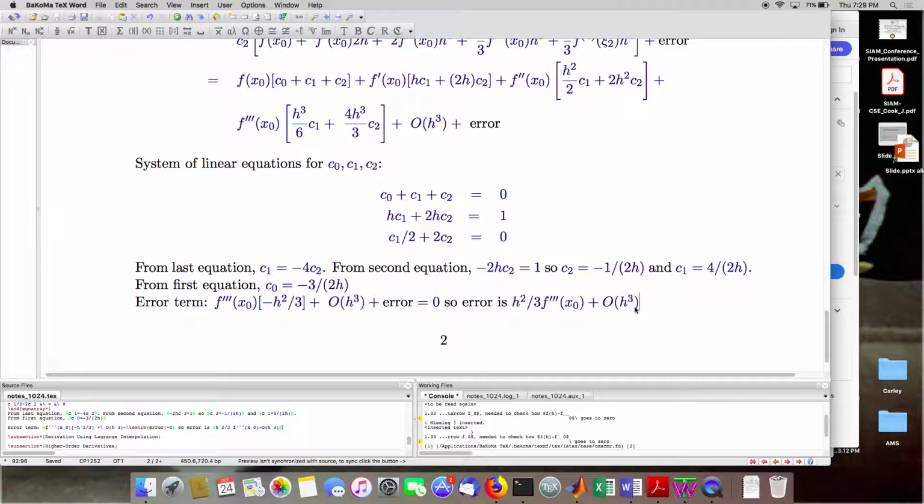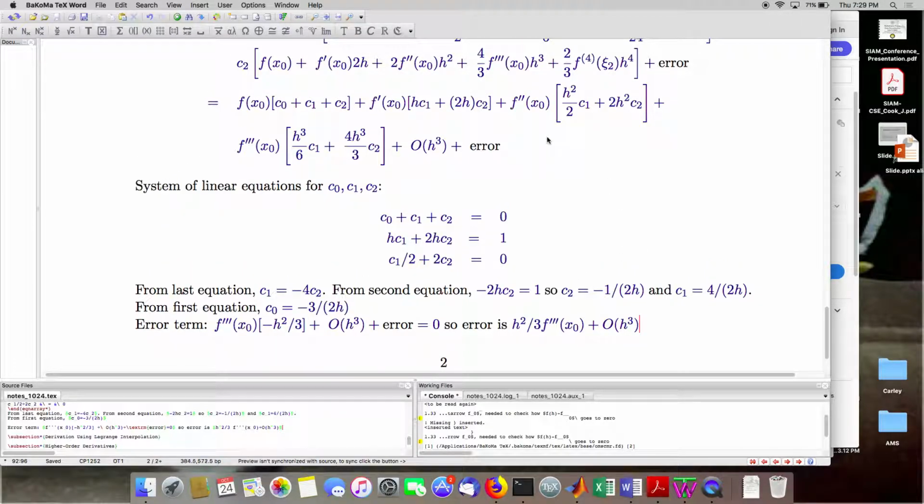All right. So from the terms in a Taylor expansion that don't cancel, we can arrive at an expression for the error. We can at least see what the order of accuracy is. Generally, if you use 3 points to approximate the derivative, then your error would be order h squared. Whereas if you use 2 points, it's order h.